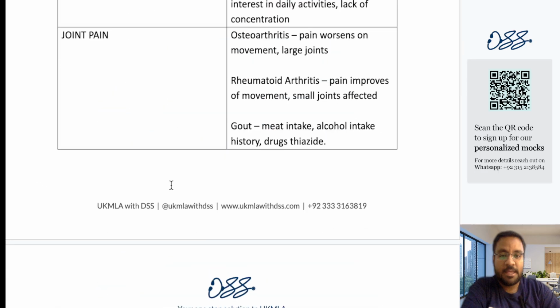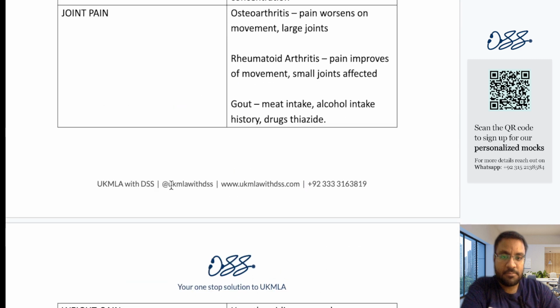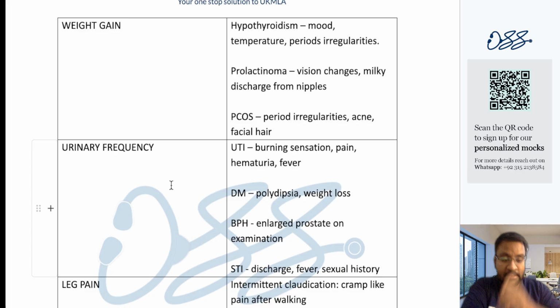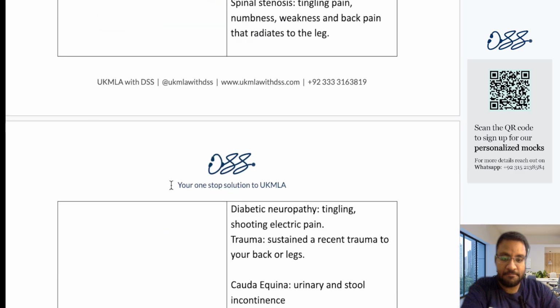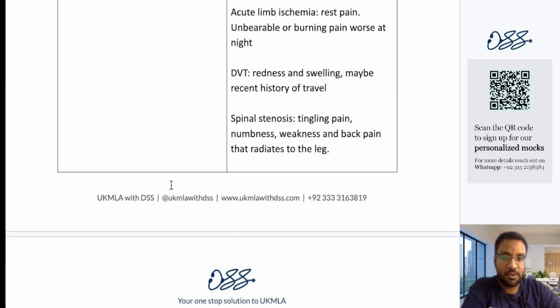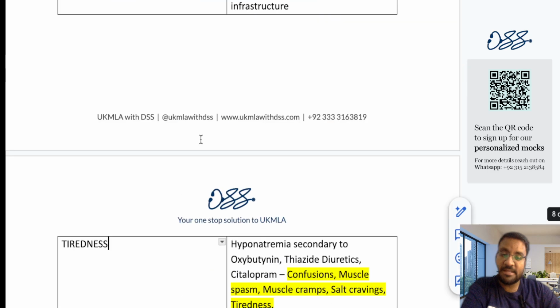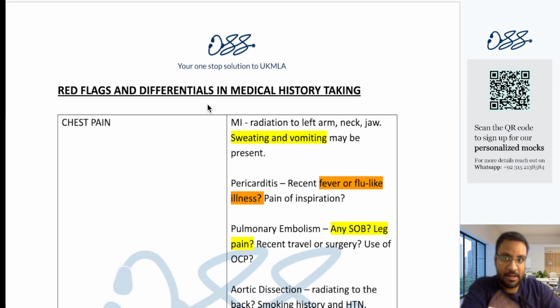Okay, then a couple of differentials for joint pain, and how to rule them out, and then weight gain, increased urinary frequency, then leg pain as well. Okay, so yeah, this is a very detailed document. Okay, I can't just go through each differential over here.